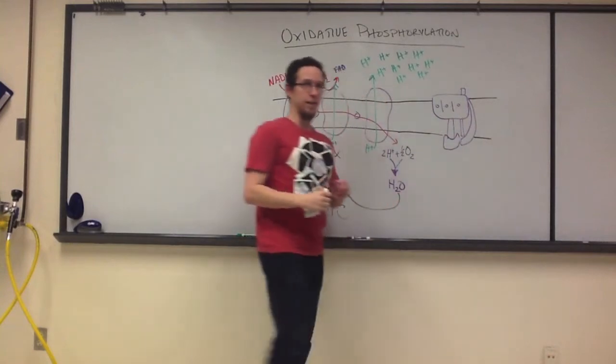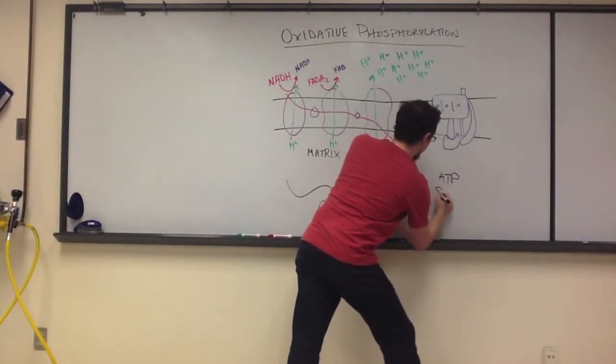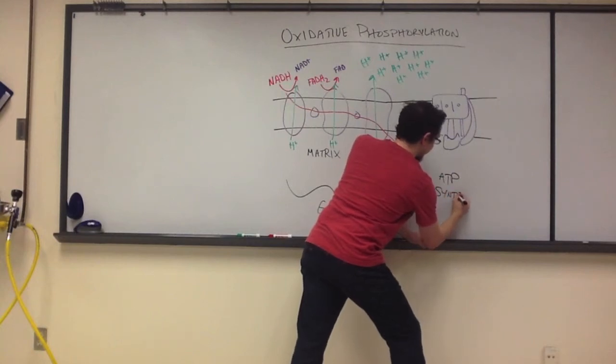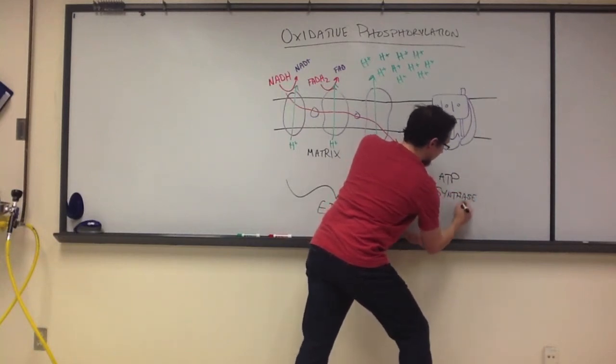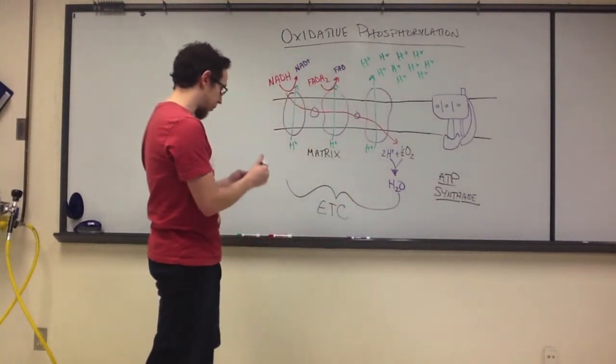This specialized enzyme is called ATP synthase. As its name implies, it's an enzyme used to synthesize ATP. And here's how it works.